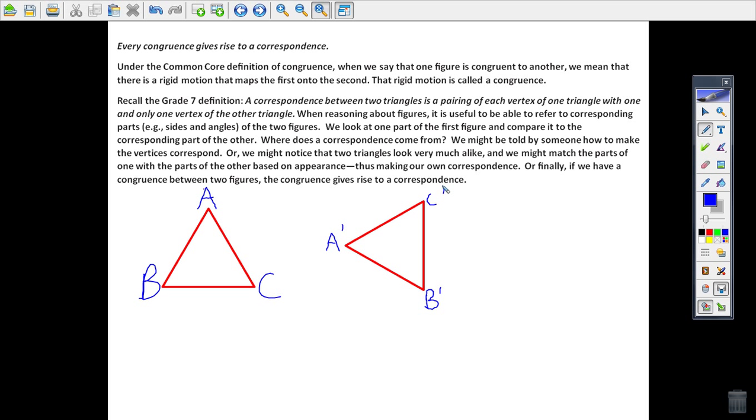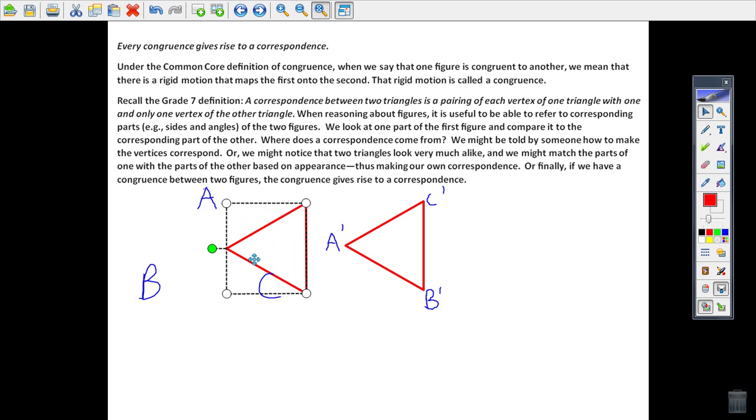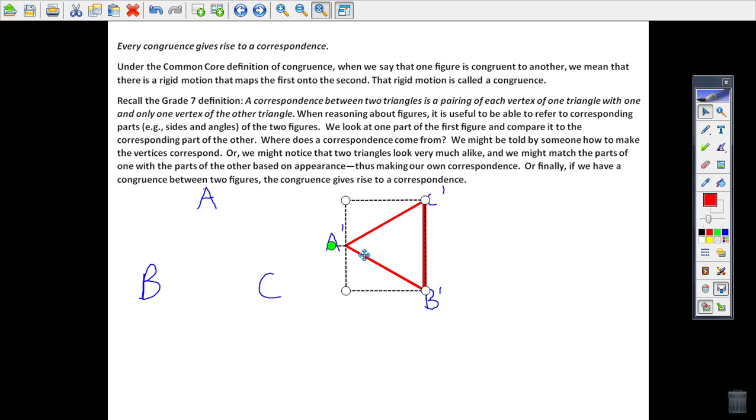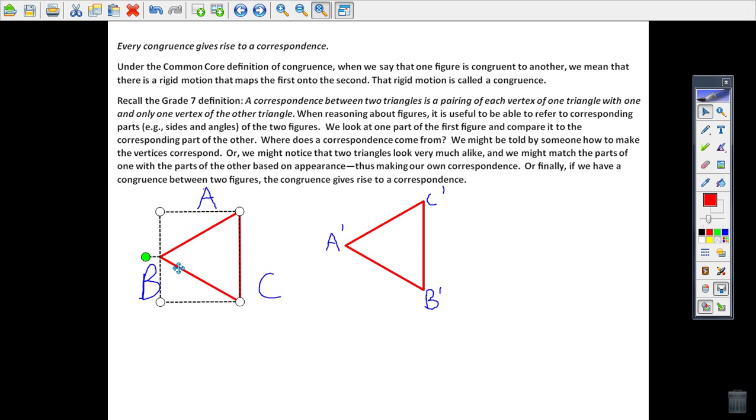So here, if you take triangle ABC, what kind of transformation needs to take place to get to A prime B prime C prime? Well, if you think through that for a minute, you realize that with triangle ABC, you're going to have to perform a rotation. And then you're going to have to perform a translation to get them to overlap, so that one maps onto the other.